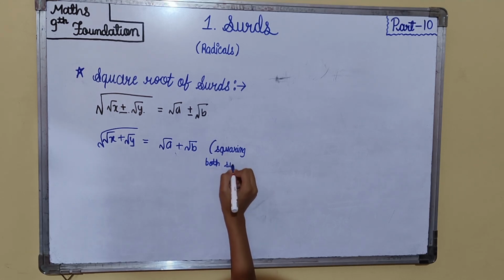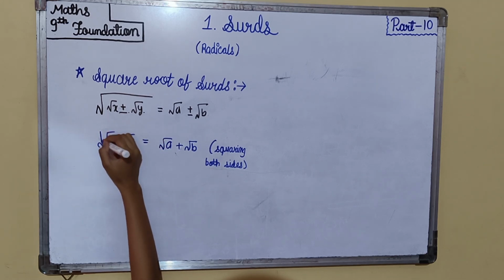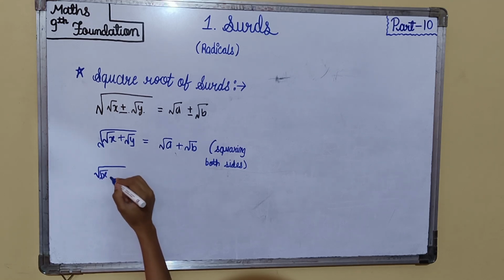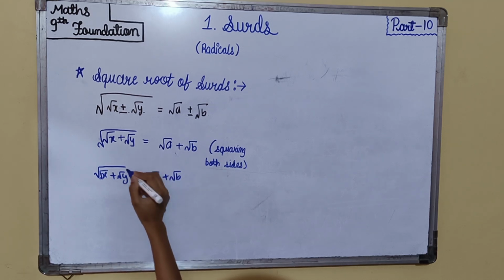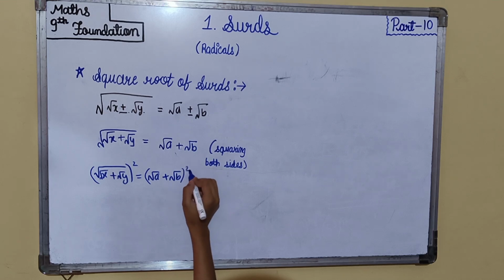Squaring both sides, we have to write step by step. So root x plus root y, this whole square, is equal to root a plus root b, this whole square.